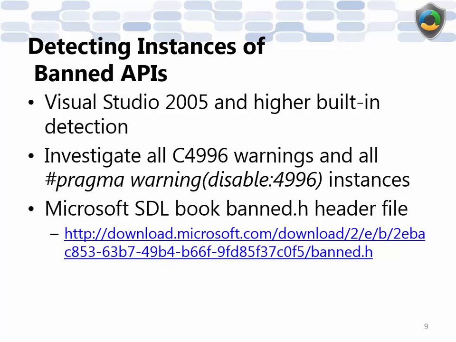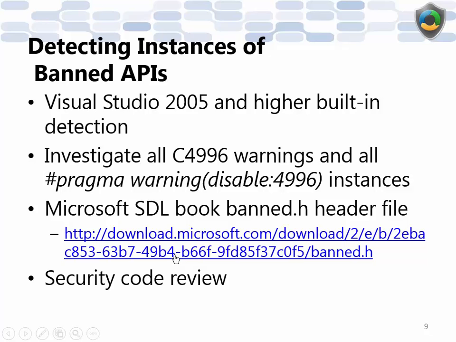Another method that can be useful to detect the use of banned functions is to use the banned.h header file that's included in the Microsoft SDL Book Companion CD. And I believe you can get that online too, if you go out to here. Since C and C++ are implemented on a wide variety of platforms, this header file can be used for applications built on non-Microsoft platforms as well.